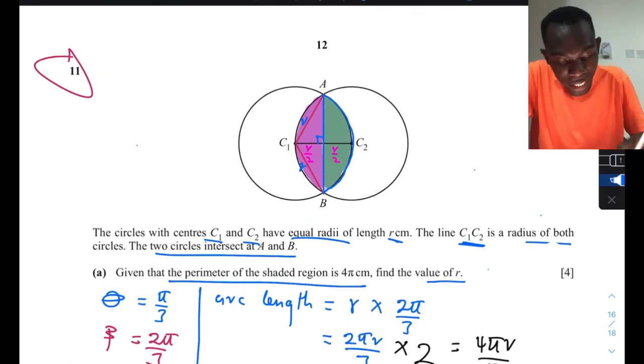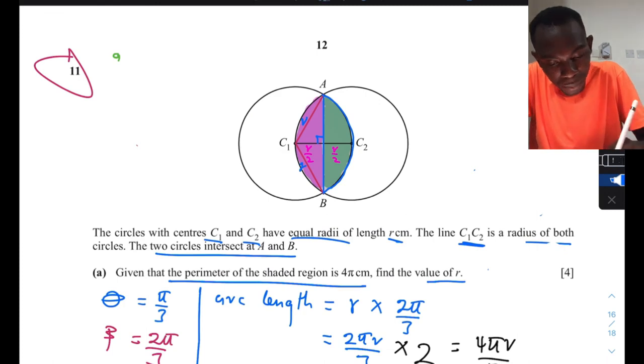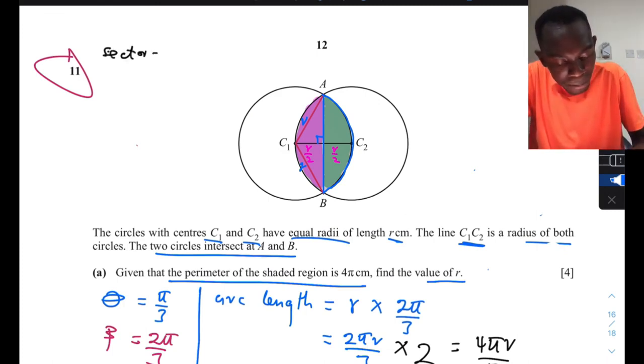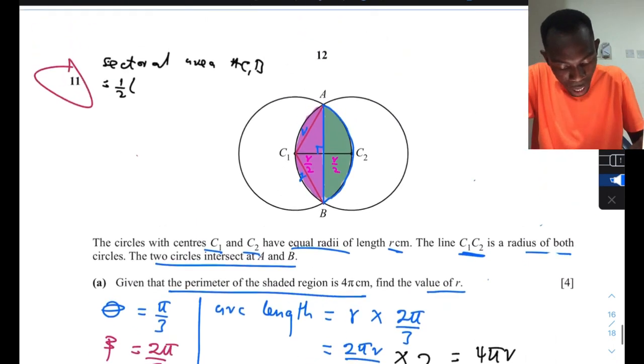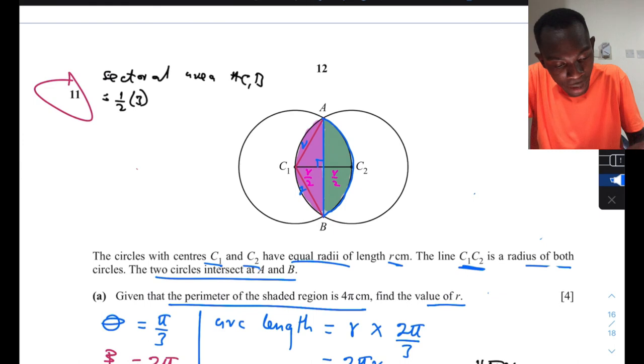Now how do I find the area of that? First I need the sector area. Sectorial area, which is AC1B, will be equal to half r squared theta. I know r already to be 3, so half times 3 squared times theta.